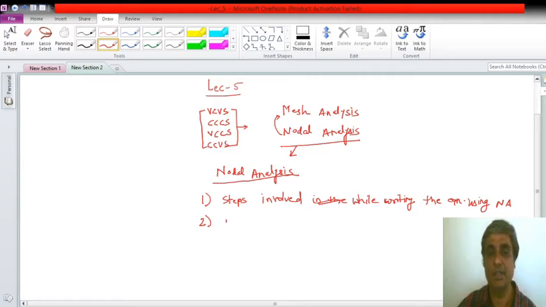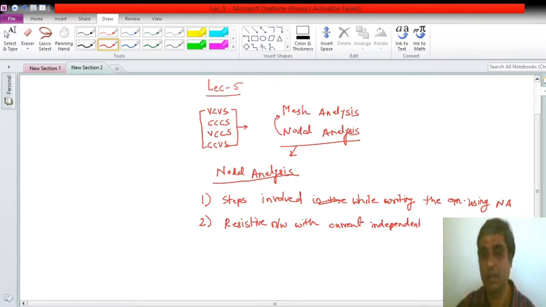I will take a circuit consisting of resistors and independent current sources, and then I will write the equation using nodal analysis.